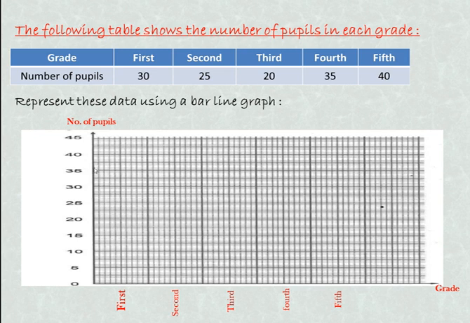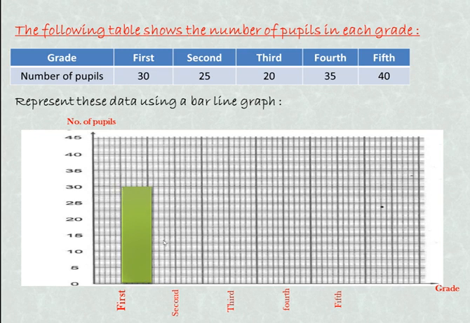Now we can represent it by using our line graph. At first, 30: from the first grade up to 30, then draw a bar line, and we can determine it by a point before a heavy line and after, then join. Or if we have the distance after the number, we can represent it by its point from the heavy line to the next.